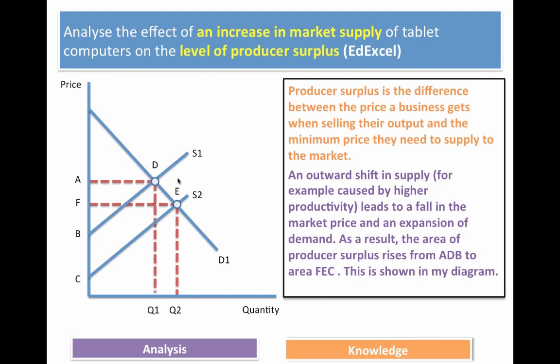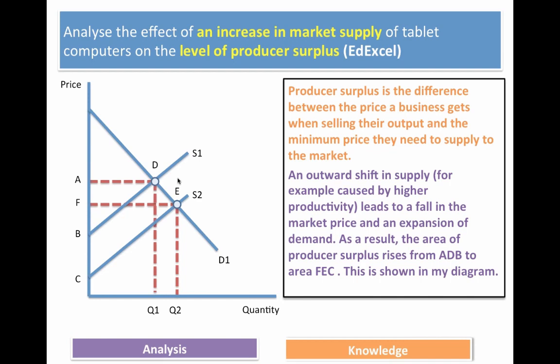For example, caused by higher productivity, cause and effect, leads to a fall in the market price and an expansion of demand. As a result, the area of producer surplus, I've already defined that term, goes up from ADB to area FEC. This is shown in my diagram. That little line there tells the examiner, go over, look at my diagram. It's all there for you.